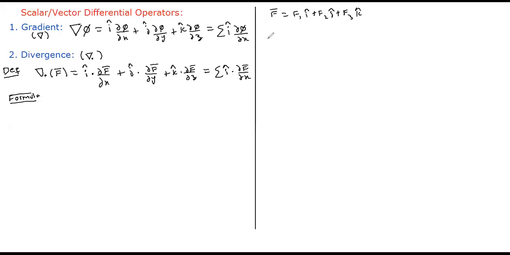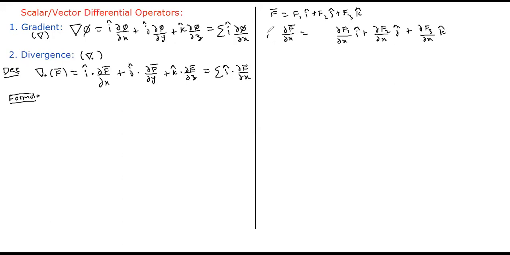So then what is dou f bar by dou x? Dou f bar by dou x is the component wise differentiation: dou f1 by dou x i bar plus dou f2 by dou x j bar plus dou f3 by dou x k bar. Am I right? Derivative of a vector function is component wise derivative, I said.